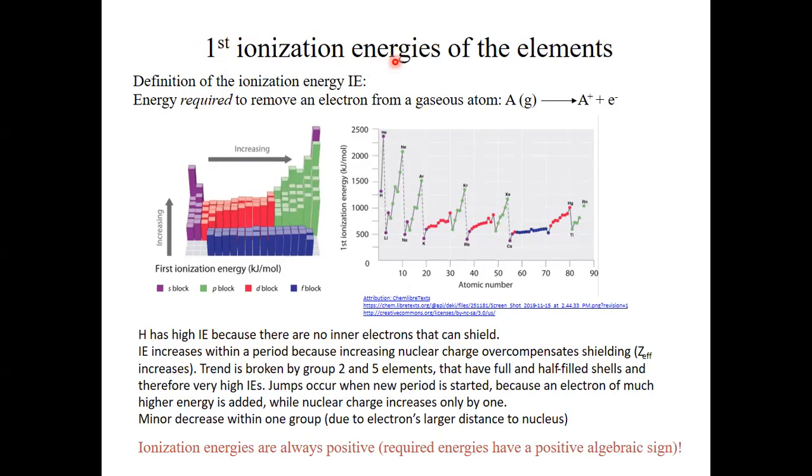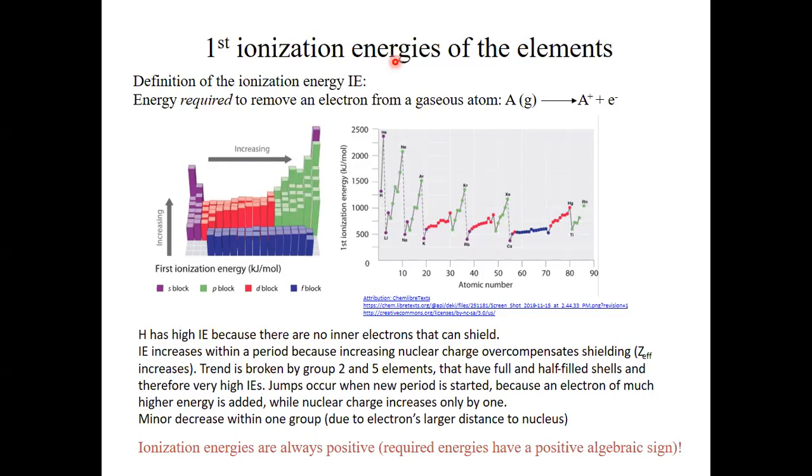So what we should first notice is that ionization energies are always positive. That means the removal of an electron from a neutral atom is always an endothermic process. It has to be like that because otherwise our atom would not be stable.